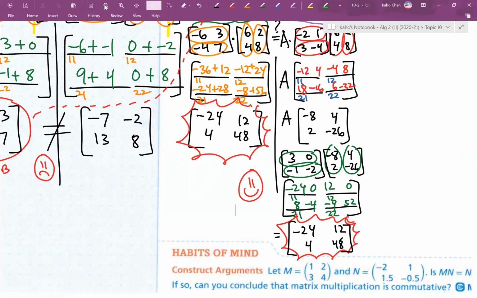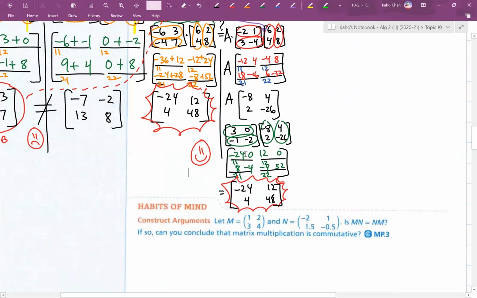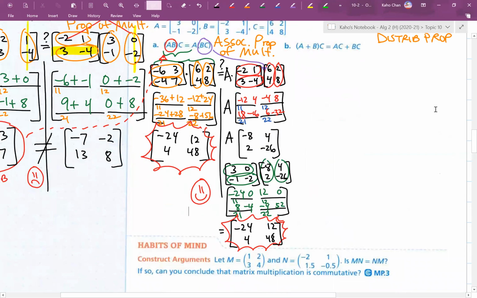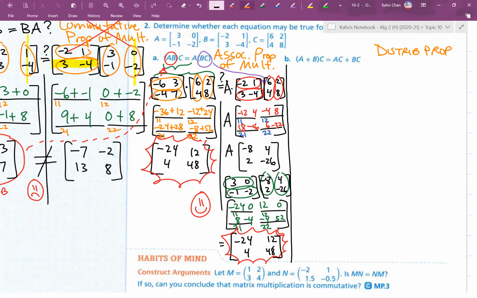I gotta do one more investigation to see if the distributive property works. Woo! All right, let's do it. Draw a line to separate out my work here. So A plus B, let's add those together manually.